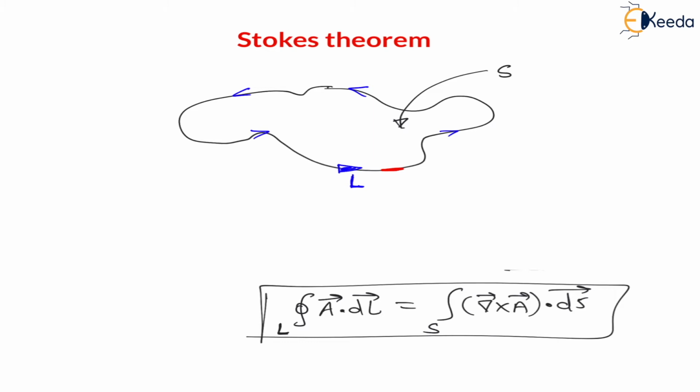And let us say the length of this element is dl, very very small length, means you will find that this length is a straight line, though it is a curve, but you will consider the element such that it is a very small part of this curve, so that you will feel that it is a straight line only, right? Therefore it is dl, this vector is dl vector, right? And my dear students, again on this surface I will consider a very small area.